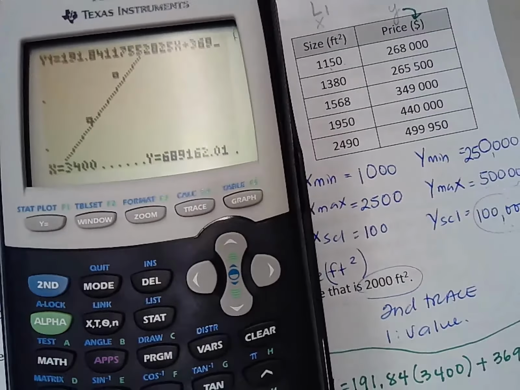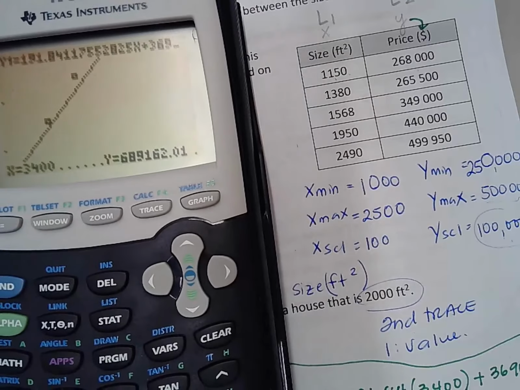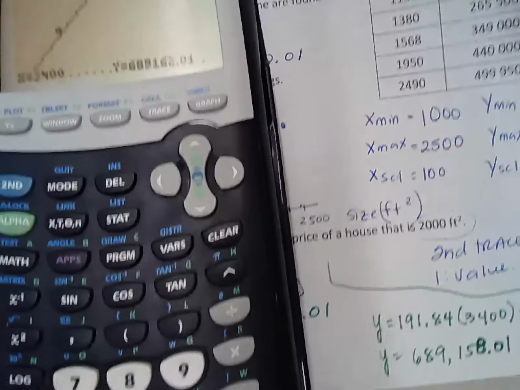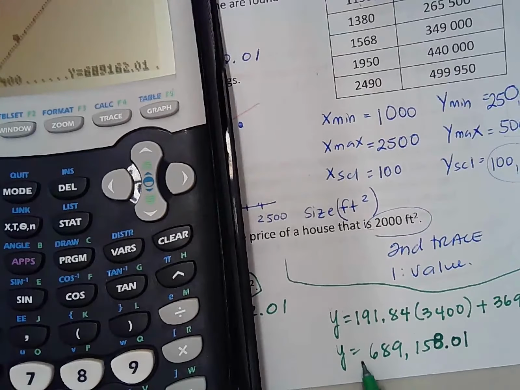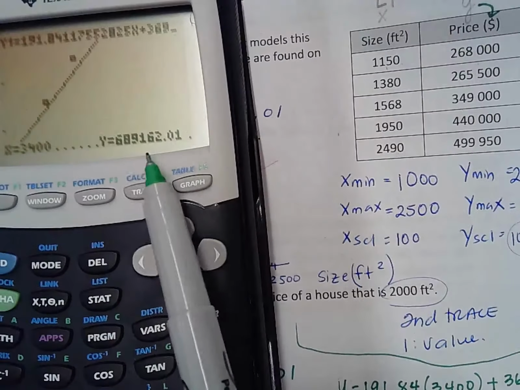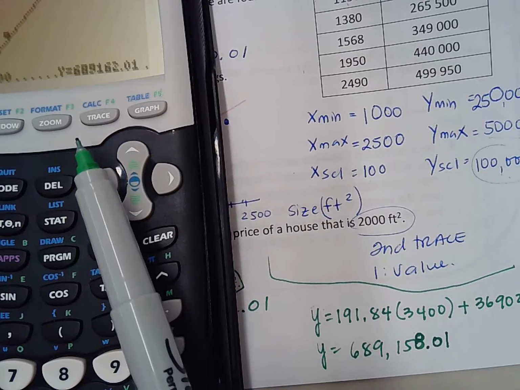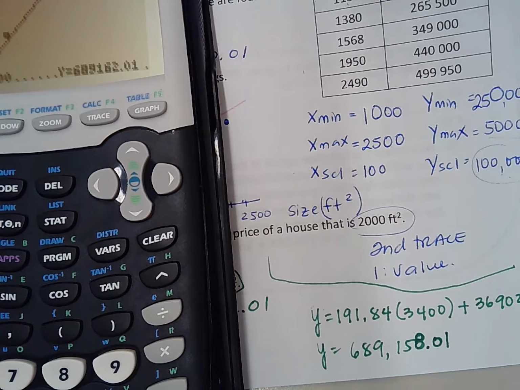Oh wow, look at that. It's a little bit off. This is what we got earlier, and this is what the calculator is saying. Did you type in 3,400? Press enter.